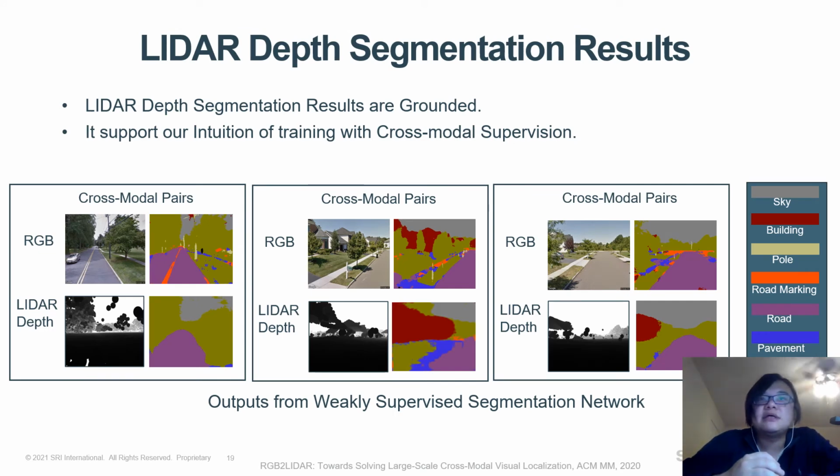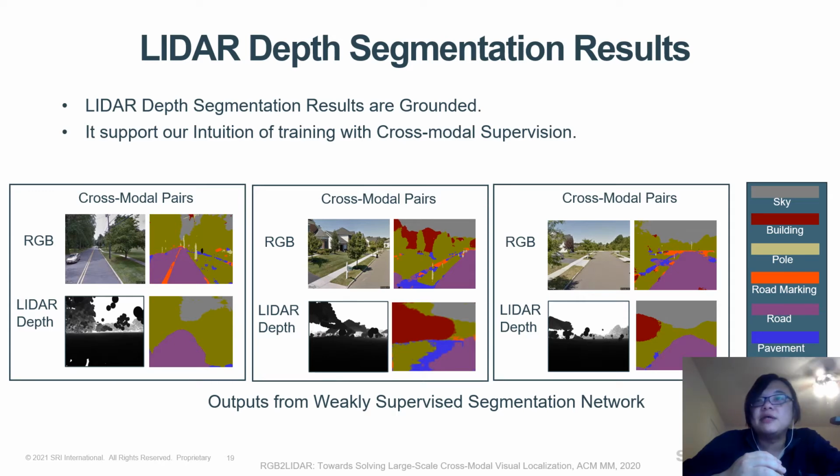Here we show some examples of the semantic segmentation of LIDAR depth images. We use a weakly supervised training approach to train the network to conduct semantic segmentation on LIDAR depth images. Here we show that the results are reasonable compared to the semantic segmentation on the ground image.